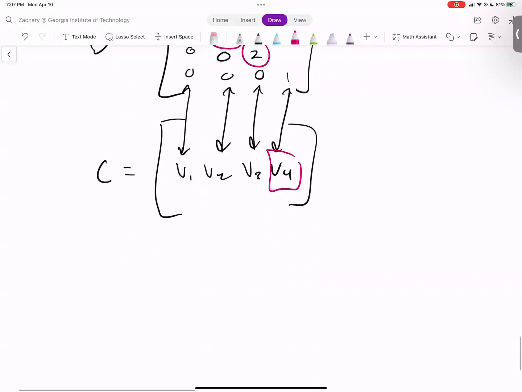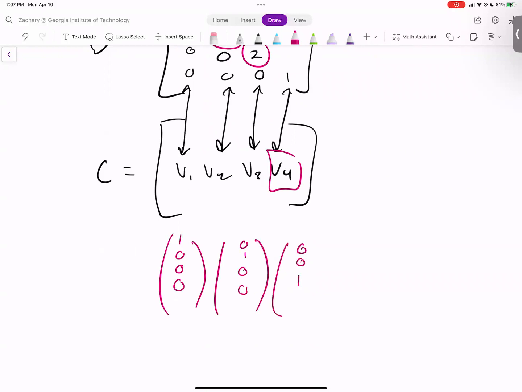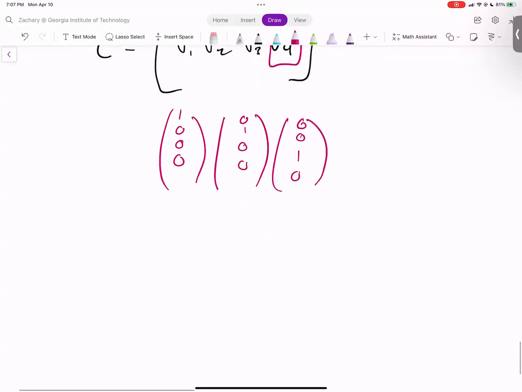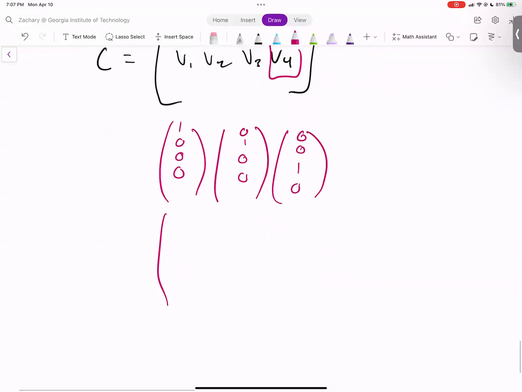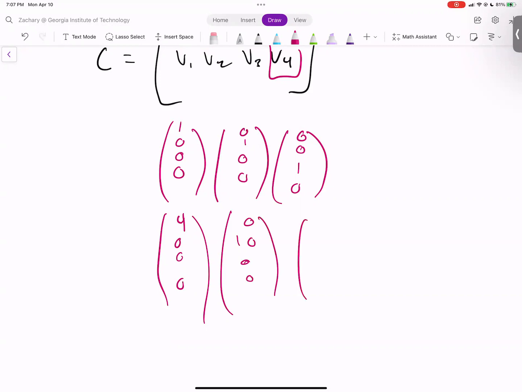That's not to say that you can't change them a little bit. For instance, if I give you 1, 0, 0, 0; 0, 1, 0, 0; and 0, 0, 1, 0 for your eigenvectors for lambda equals 2, something else that's totally valid would be 4, 0, 0, 0; 0, 10, 0, 0; and 0, 0, negative e, 0, where e is 2.1, whatever.